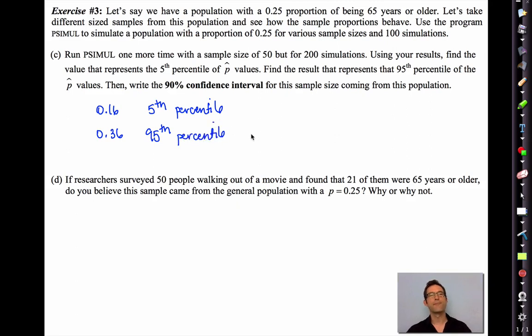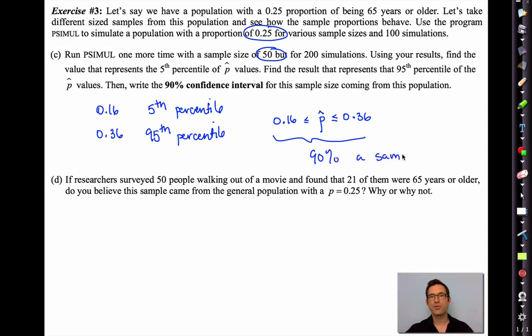Now I really want you to understand what that means. If we have a population of 0.25, and we have a sample size of 50, then 90% of the time a sample of size 50 should have a proportion between 0.16 and 0.36. 90% of the time, a sample should have a proportion in that range.